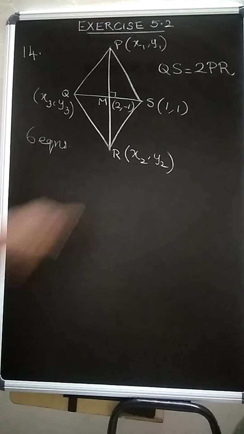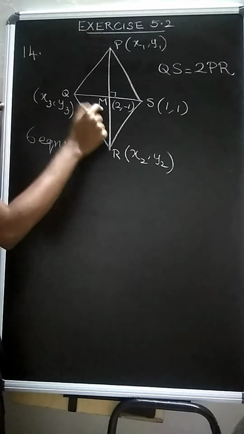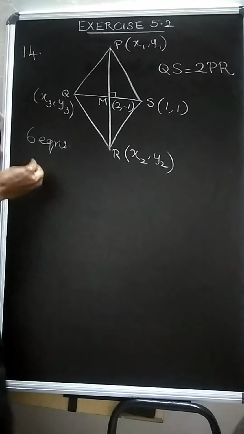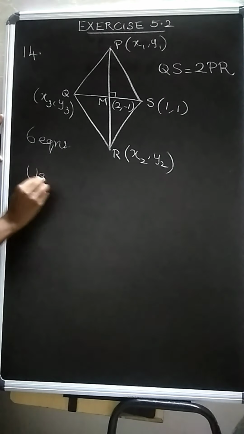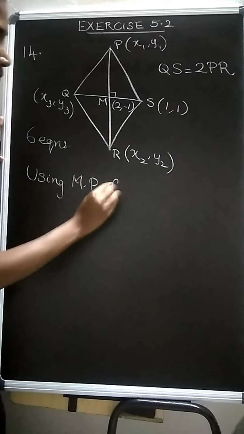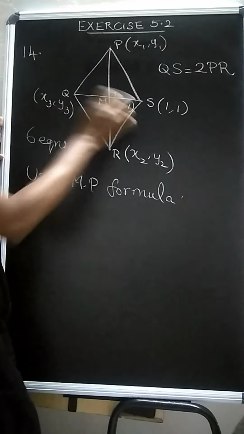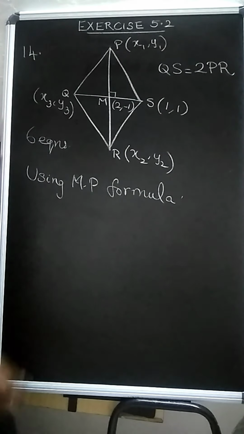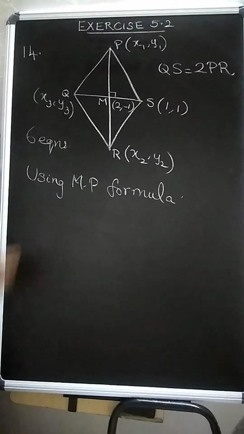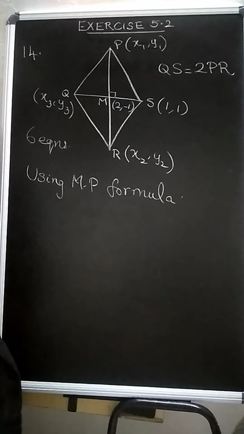First, they have given S as (1, 1) and M as (2, -1). Now M is the midpoint of QS. So using the midpoint formula, I am going to form 2 equations and find the value of Q. Now what is your midpoint formula? (x1 plus x2 by 2, y1 plus y2 by 2).